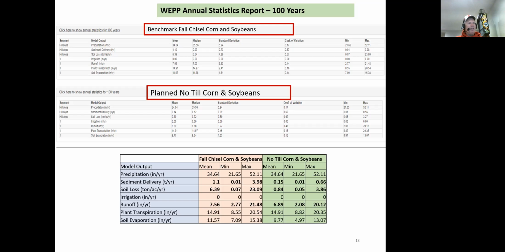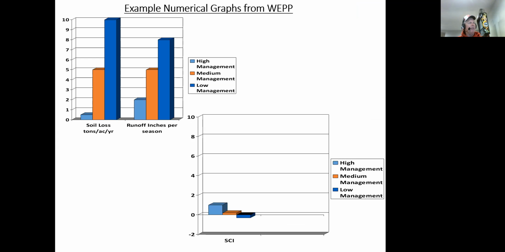And again, you can see how during drier years, which would be the minimum that you would typically see over a projected 100-year period, and a maximum, which would be the higher precipitation years, what you would expect for all of these, for use in risk-based planning with producers and applying practices.